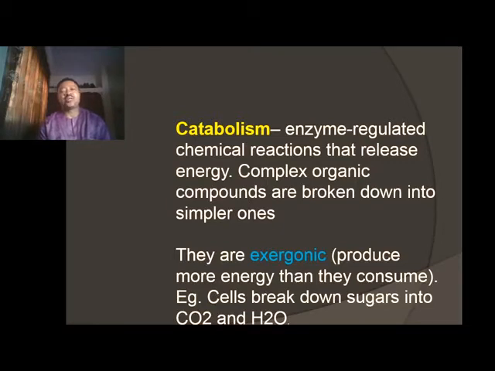During catabolic reactions, complex organic compounds are usually broken down into simpler ones. So catabolism is a breaking down process, in which complex organic compounds are broken down to their smaller constituents.